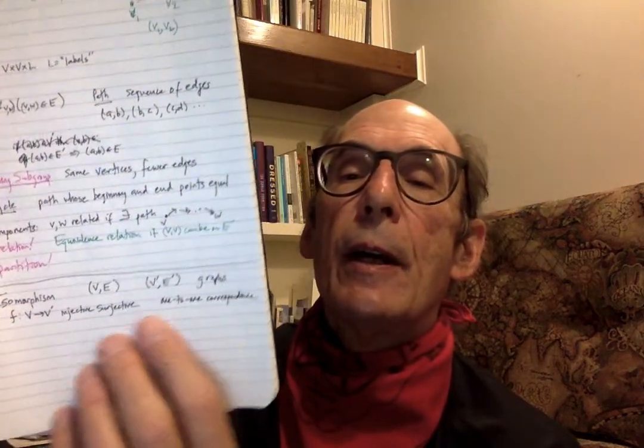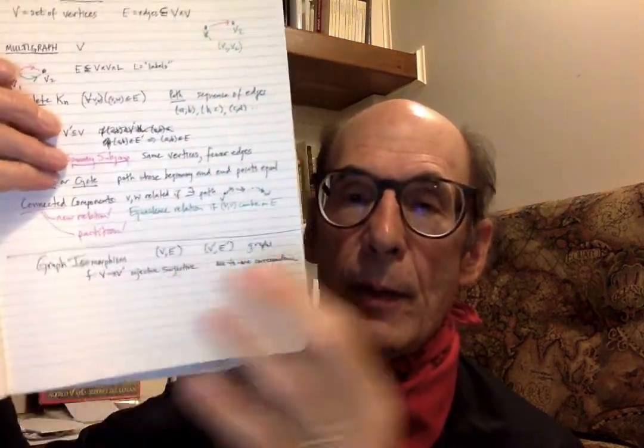It's a function from V to V prime, and that function has to be injective and surjective. So that's a one-to-one correspondence. It's another way to say that. So that's going to be the isomorphism.